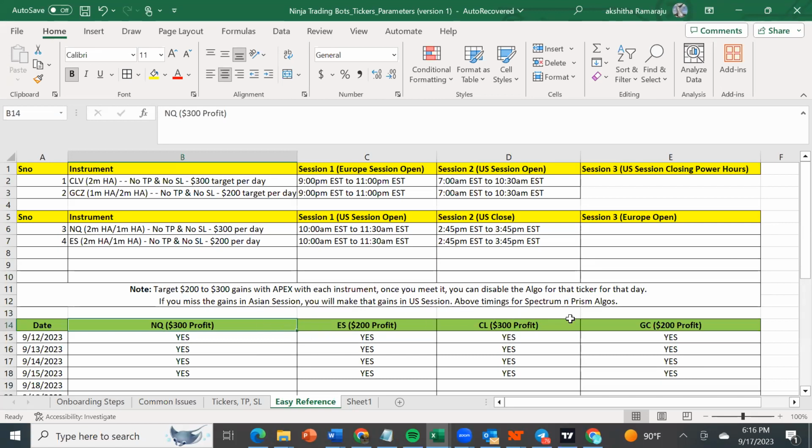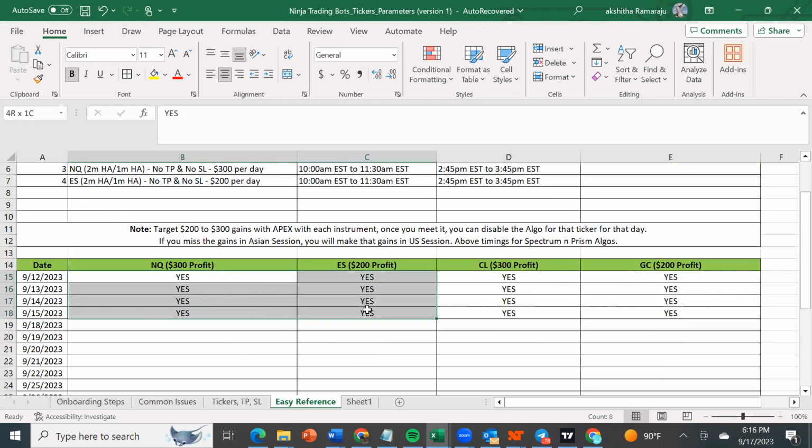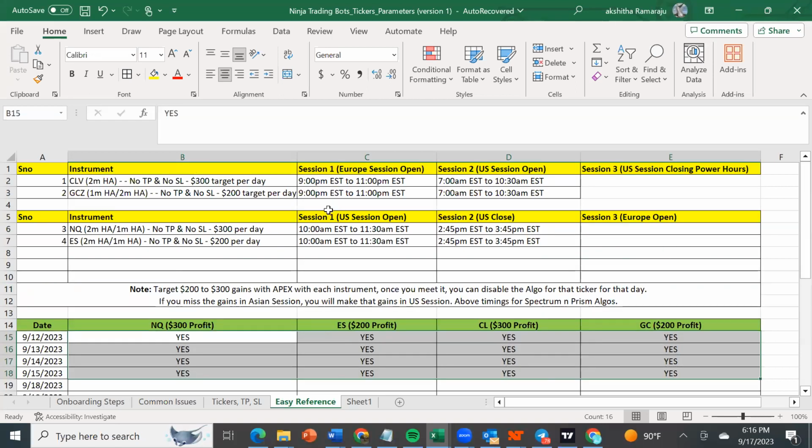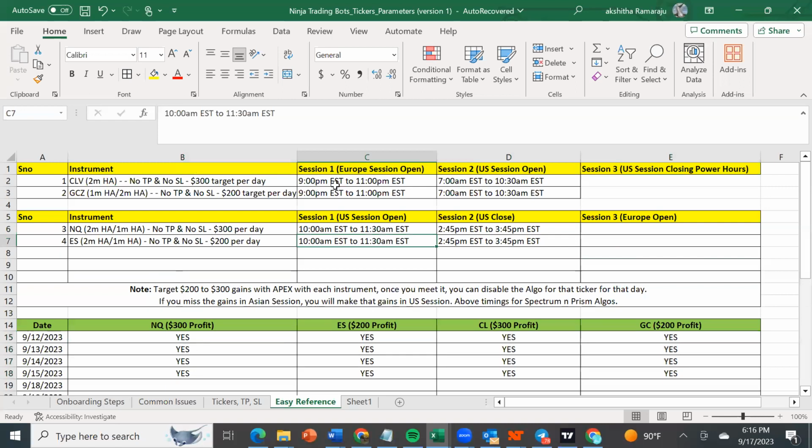Otherwise, if we go in aggressive mode, making 500, 600 and still wanting more and more, suddenly there will be a choppy or consolidation zone, and all those profits will become zero, or sometimes negative. That's what is happening to most of the members. In every live session I am showing how I make 300 to 400 on each ticker and make $1,000 per day.